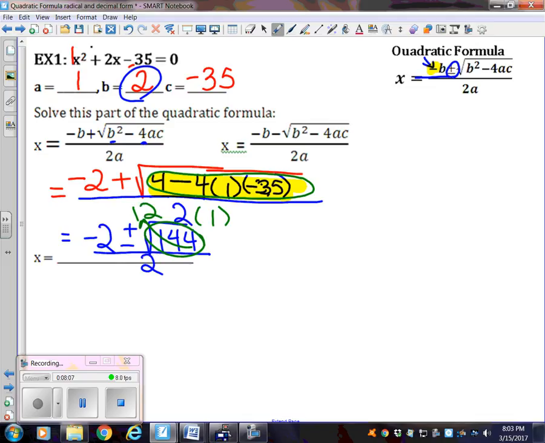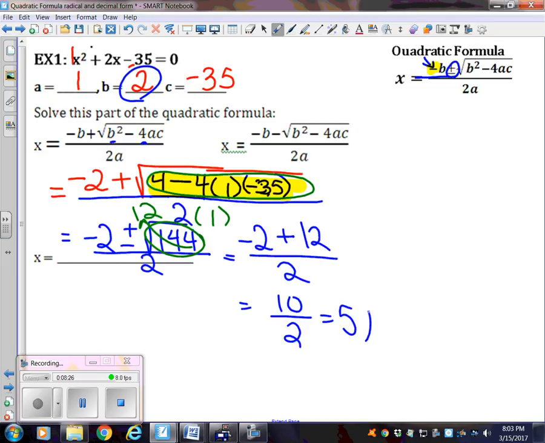So the top part would actually simplify into opposite of 2 plus 12 all over 2. All right. So let's go ahead and add everything on top. Negative 2 plus 12 would be positive 10. 10 divided by 2 works all the way out to a 5. My first answer for this problem is x equals 5.